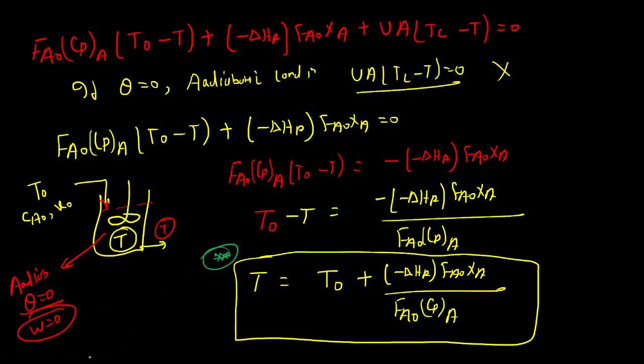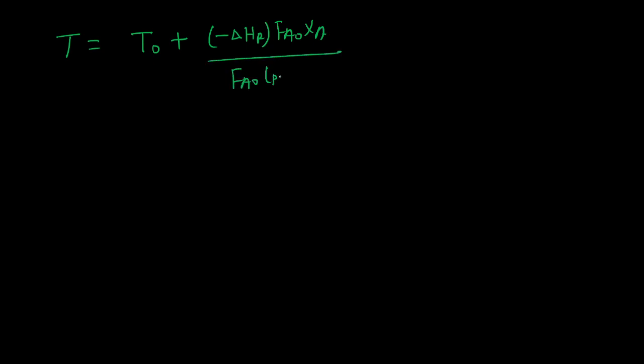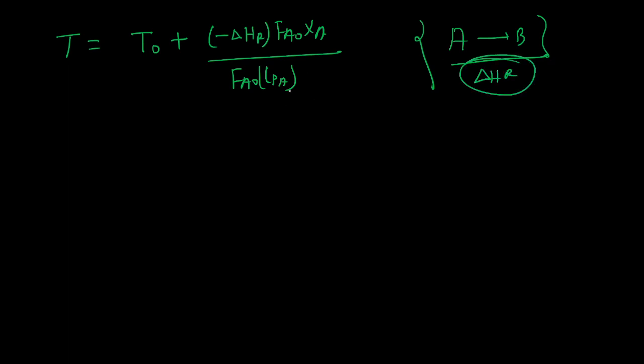So this is a very important formula. Now try to understand one thing. We have got the formula T is equal to T naught plus minus delta H of R Fa naught XA upon Fa naught Cp of A. If this reaction is only A getting converted into B, and delta H of reaction is also given, we'll have to take two cases, delta H apart.